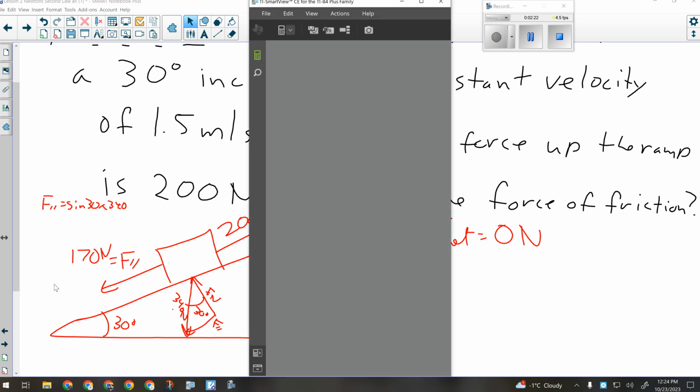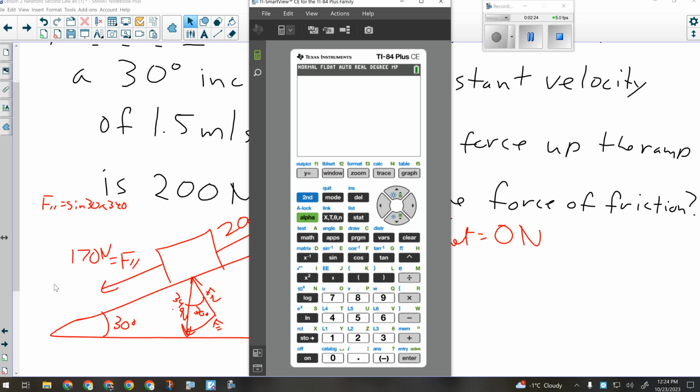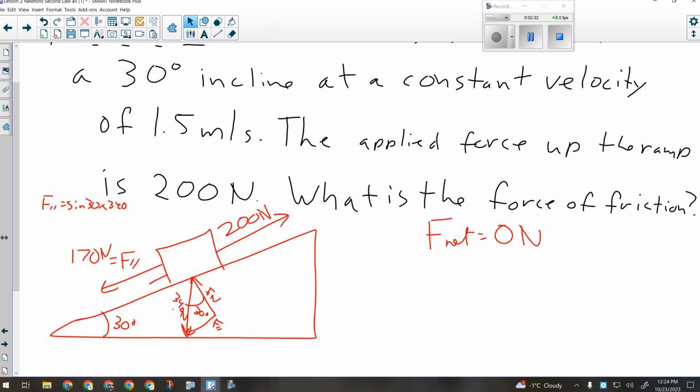Okay, since it's being pushed up the ramp, it's actually moving up the ramp. Which way is friction acting? Down the ramp. So this would be friction here. And I've drawn it small because how many newtons is it? The net force is 0.